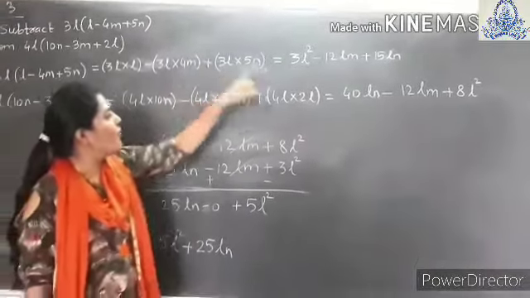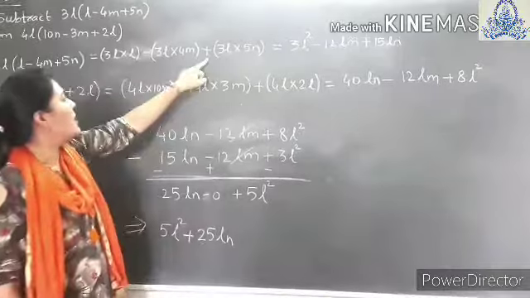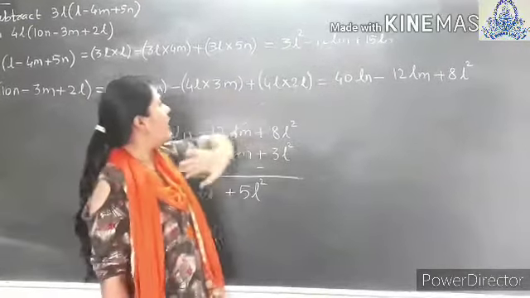Minus 3l into 4m gives minus 12lm, plus 3l into 5n gives 15ln.